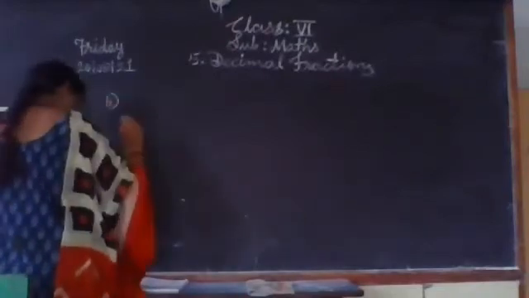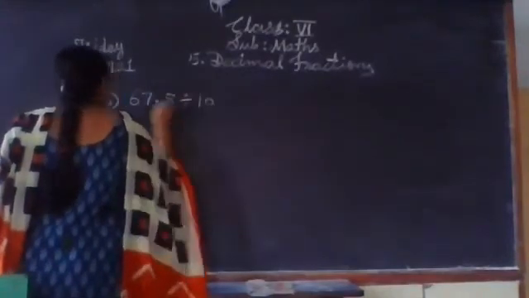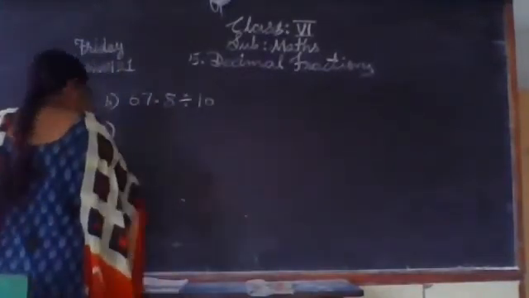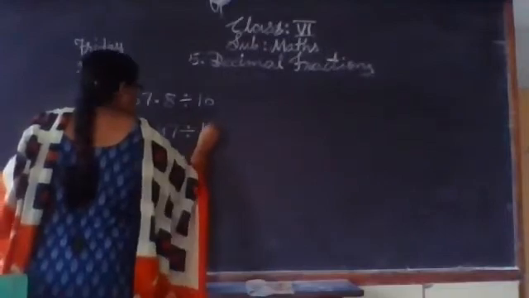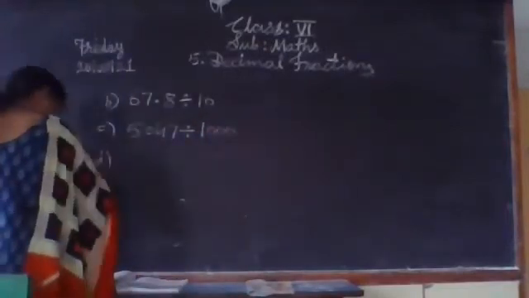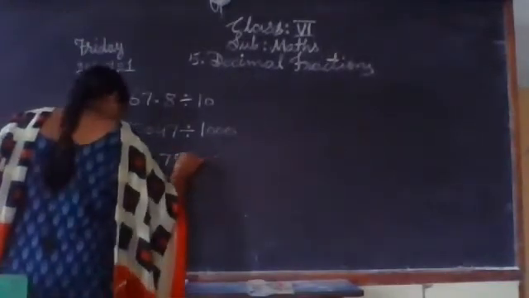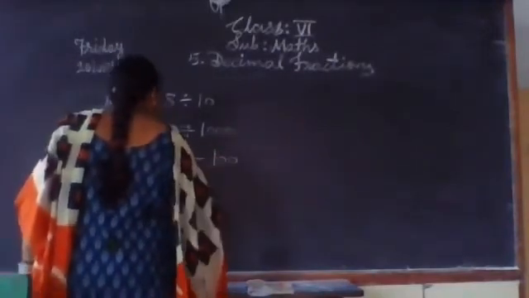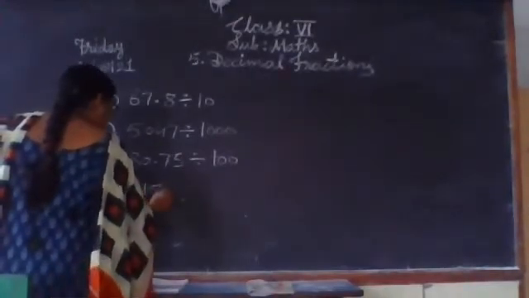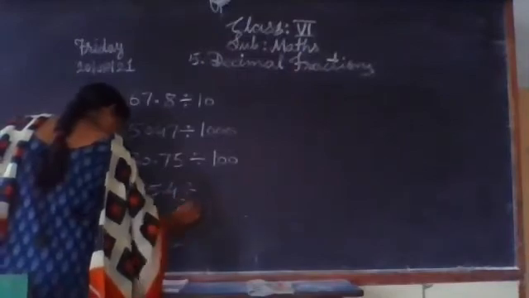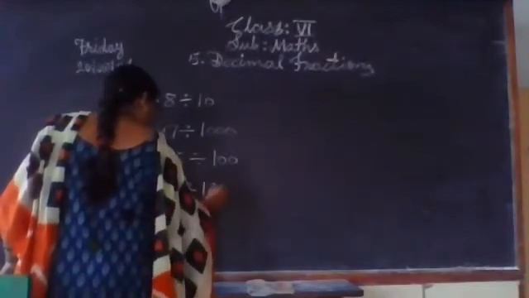It was B. 67.8 divided by 10. Then 1000.